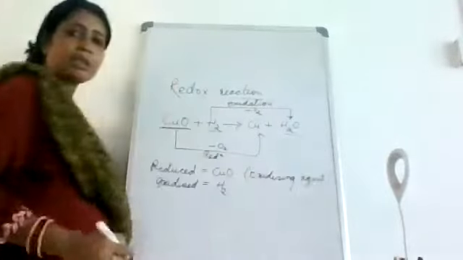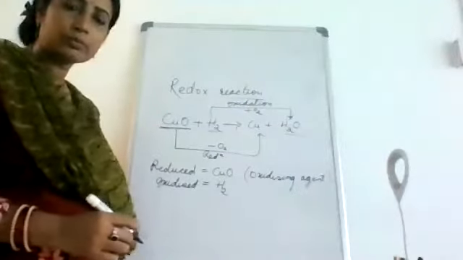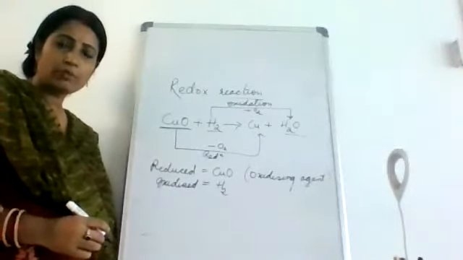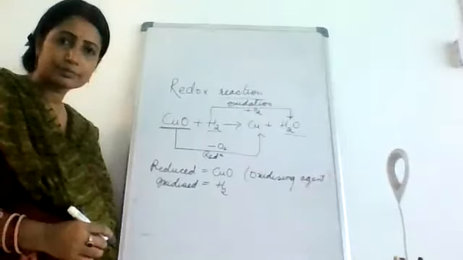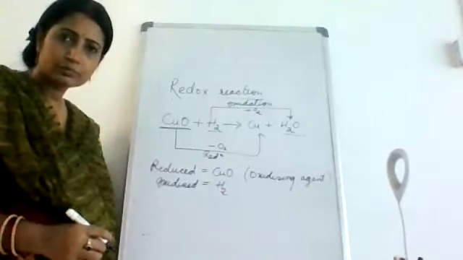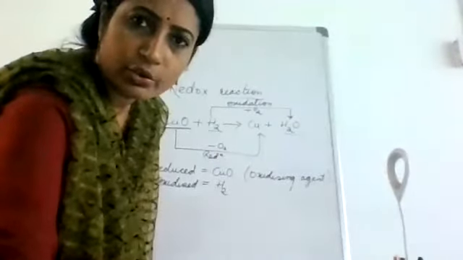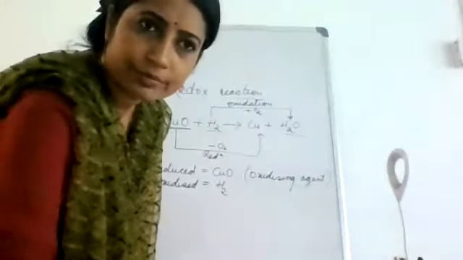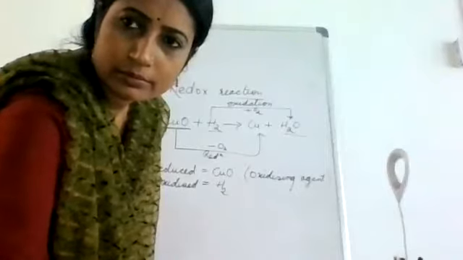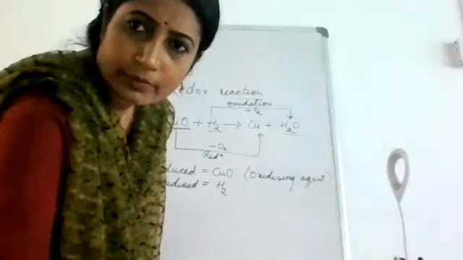Why is CuO considered to be an oxidizing agent? Because it gives oxygen to the hydrogen and gets reduced.